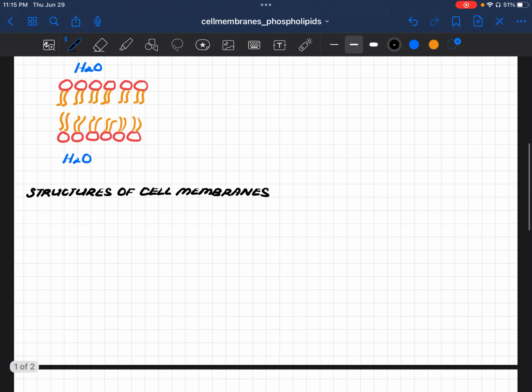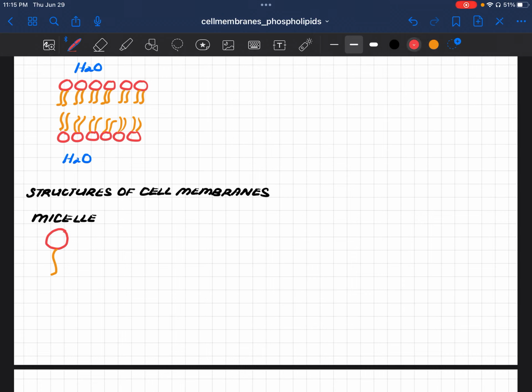We can have the cell membrane arranging itself into a micelle shape. And in these micelle structures, we'll have one really bulky phosphate group attached to only one single fatty acid tail.